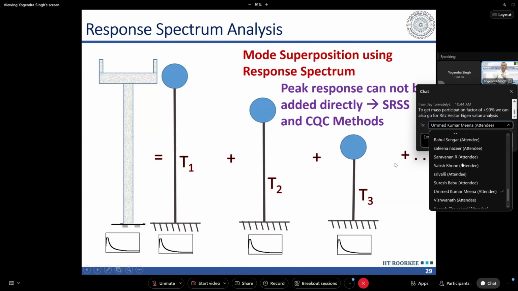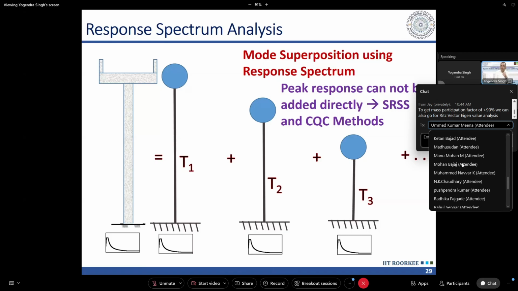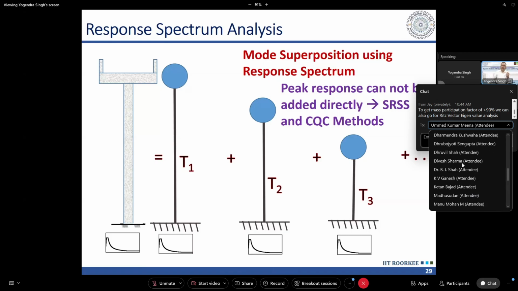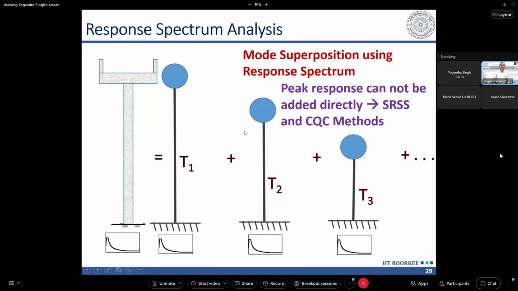In some cases, we also use missing mass correction. So suppose I have considered a sufficiently large number of modes, still I am not able to get the 90% mass participation. In that case, you look at the mode shapes of the structure and you will find that there are certain components. For example, in the vertical direction, and it will be demonstrated by Mohit in the evening, in vertical direction, it is possible to excite the superstructure.